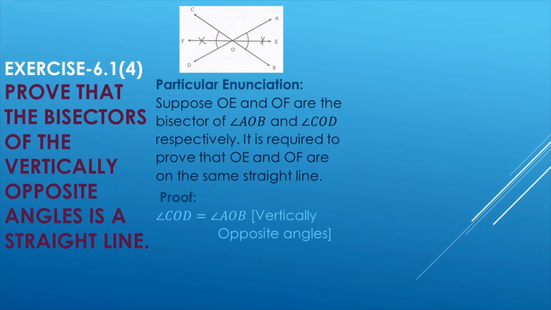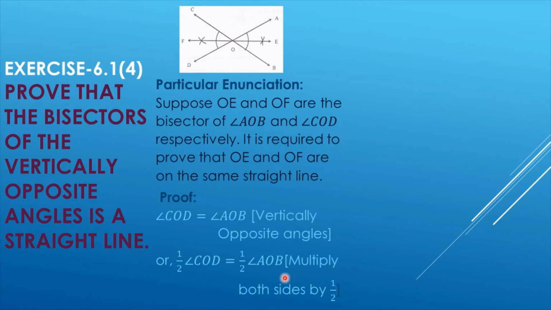We can start with angle COD. As you can see, angle COD equals angle AOB because both these angles are vertically opposite angles. Now, half angle COD equals half angle AOB because we can multiply both sides by half.